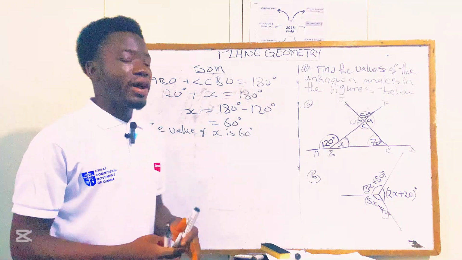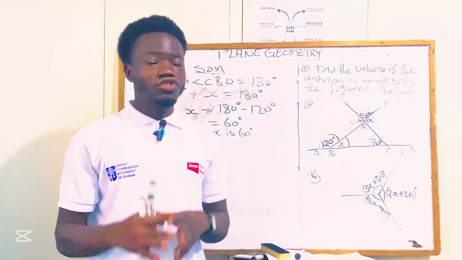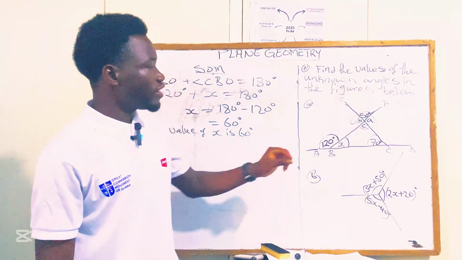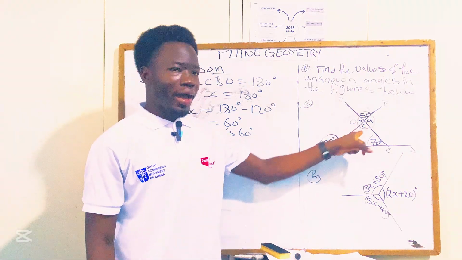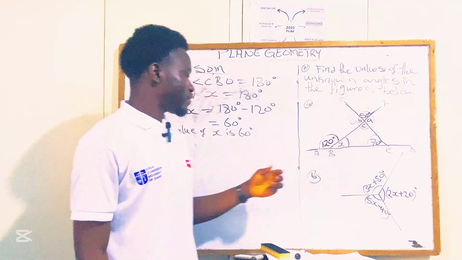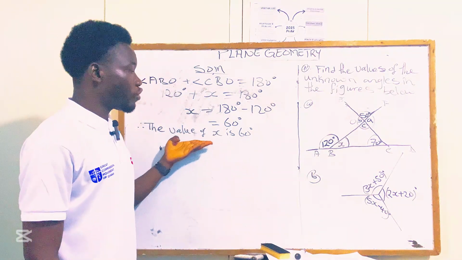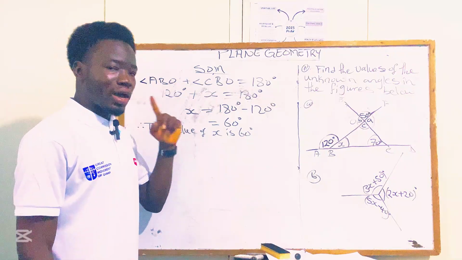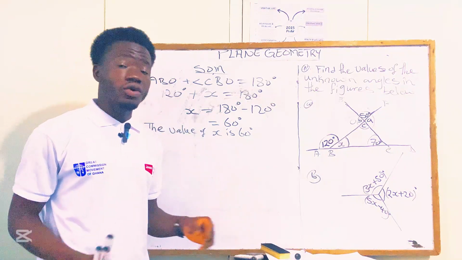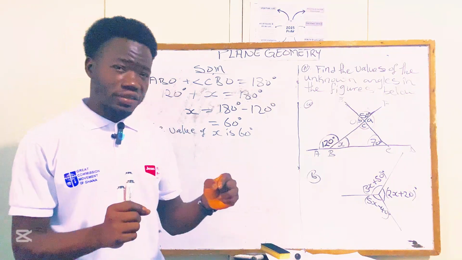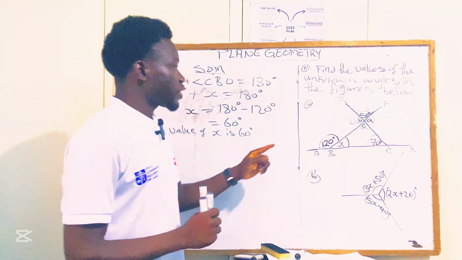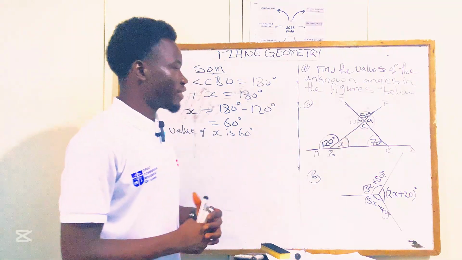Now there are different ways you can illustrate this. You can decide to work out all the missing angles, and after that you draw the conclusion for all of them, or you draw the conclusion for each angle you have found, which is very key. The conclusion, you can't leave it. It's very important.